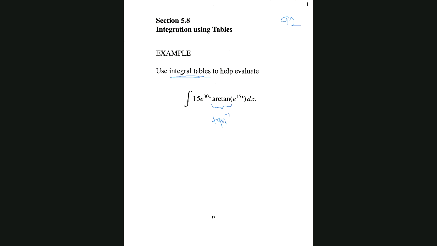What do we have to do? Formulas 92, 93, 95, one of them is going to be right. What do we have to do first, though, to identify the right formula in this case? What do we have to make?